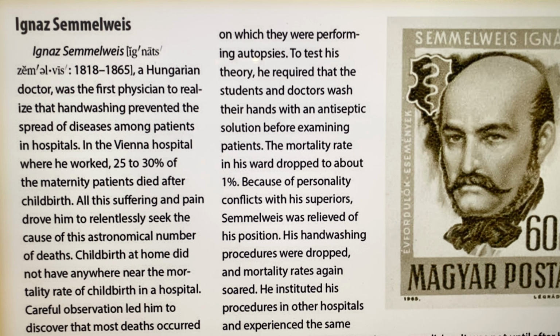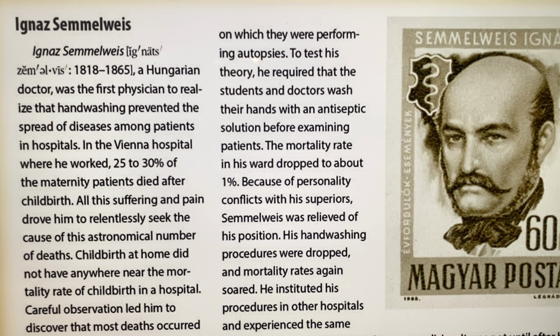He was one of the first ones to find out about hand washing. Before that, nobody washed their hands, and even the doctors didn't. Ignaz Semmelweis lived from 1818 to 1865. He was a Hungarian doctor, and he was the first to think hand washing is important in the hospital.